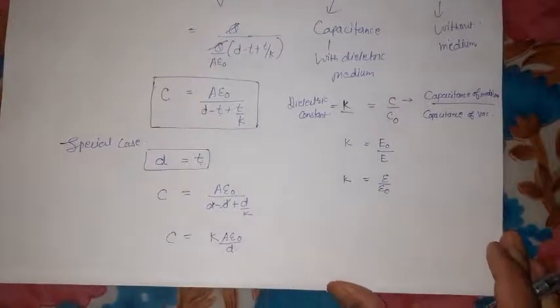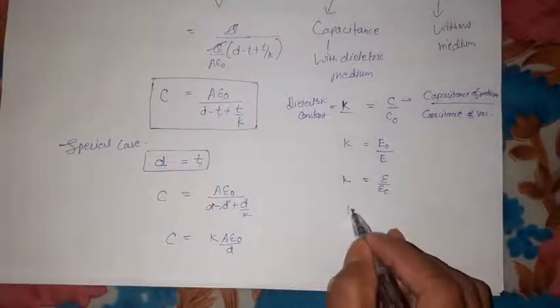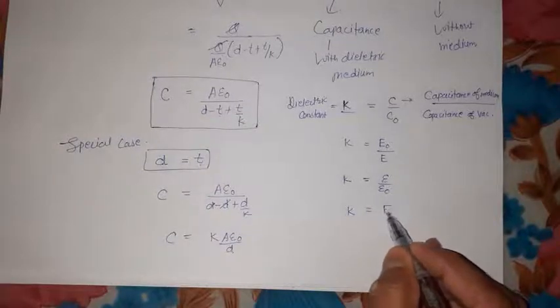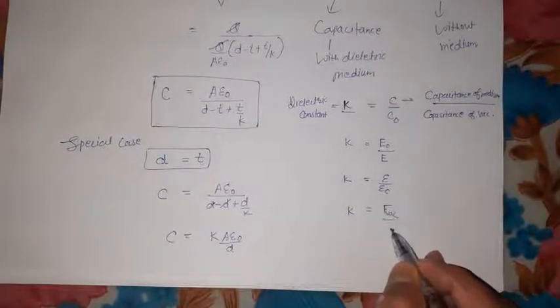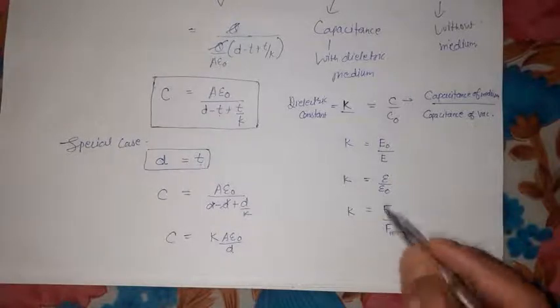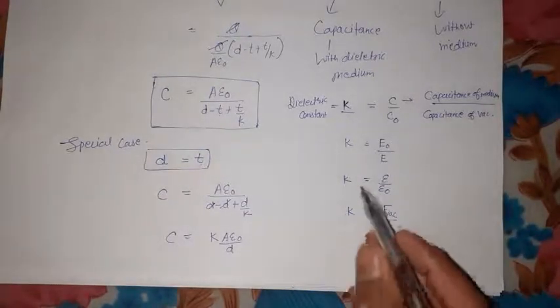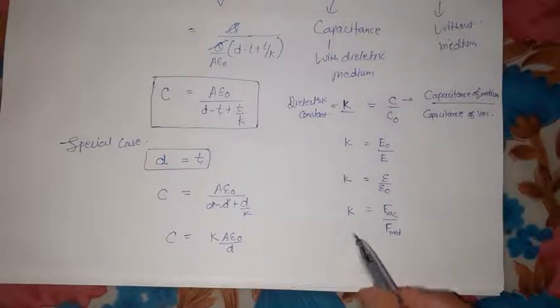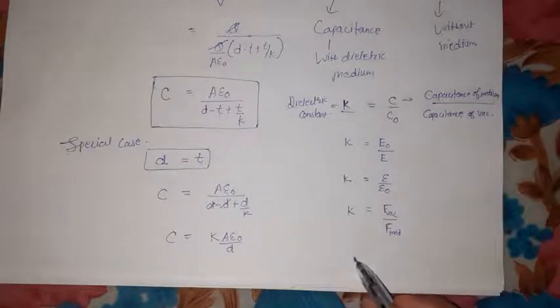And before this we wrote it as the ratio of the force in vacuum to the force in the medium. So in different ways you can define this dielectric constant. All these things are dielectrics.